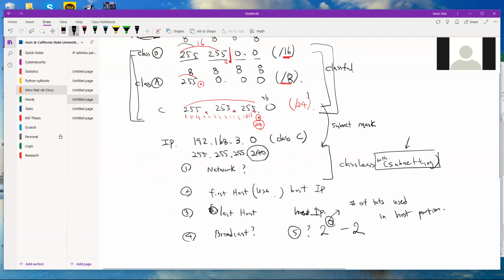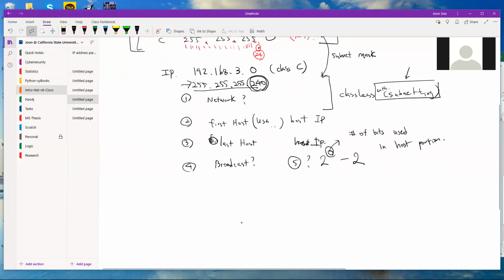So this is called the non-natural boundary case, as in this case, the subnet mask does not end on the natural octet boundaries. Okay, so let's take a look at this one more. Let's convert this into a binary number, because we know that 255, 255, 255 is all 1s, so we don't have to convert this into binary form. It's so obvious. So let's carefully examine this.